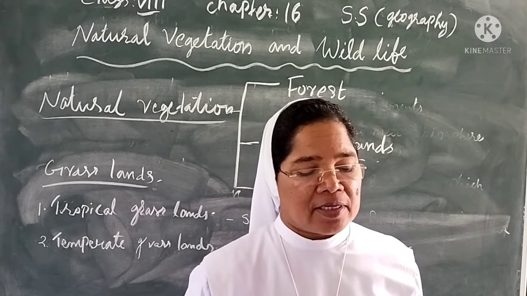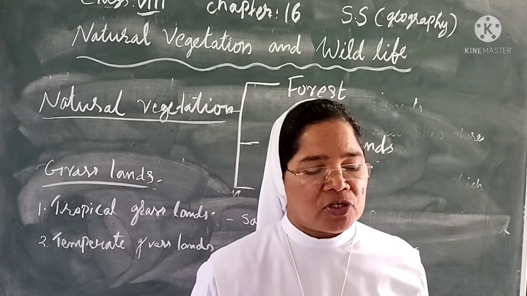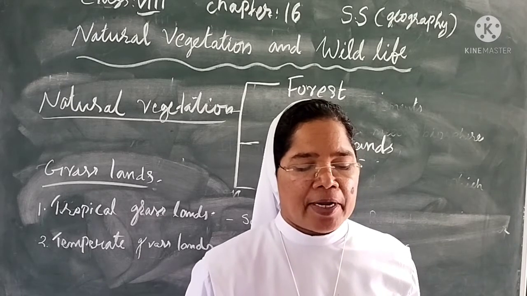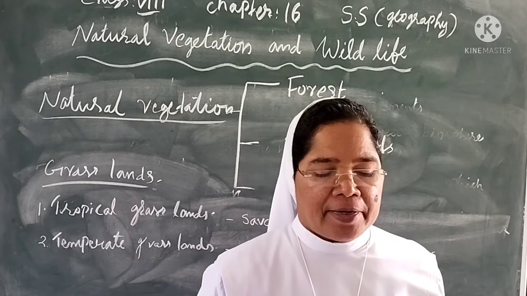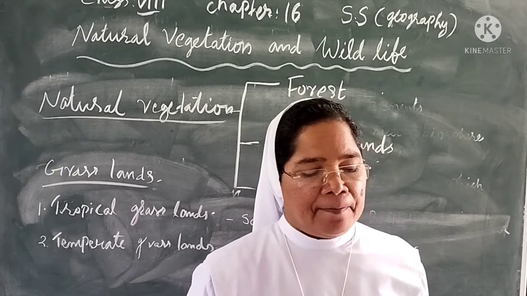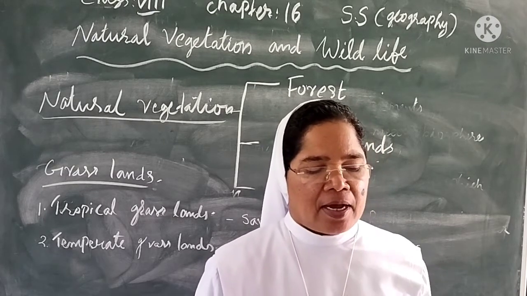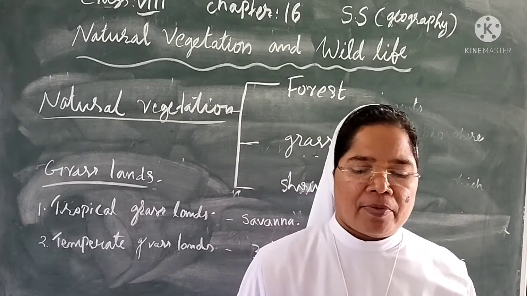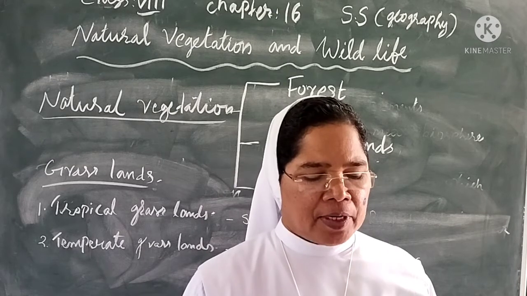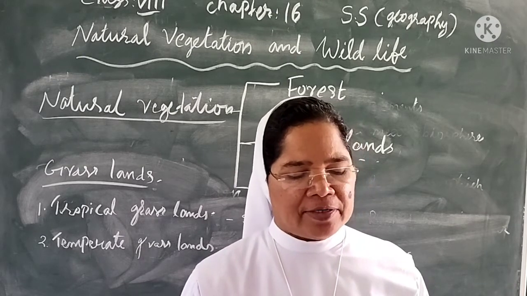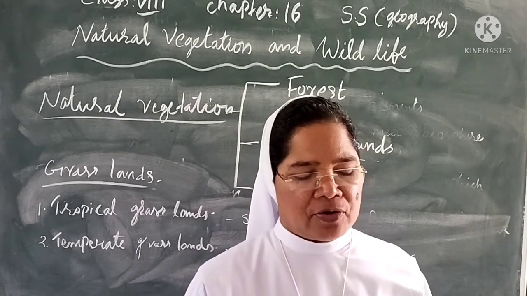The height of the grasses depends upon the amount and distribution of rainfall. The temperate grasslands are known as prairies in North America, pampas in South America, steppes in Eurasia, veld in South Africa, and downs in Australia.